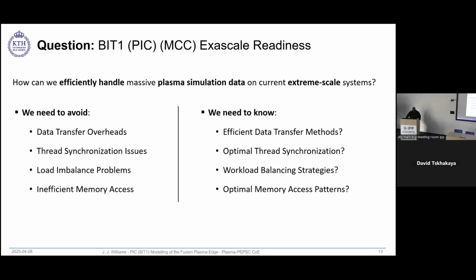Workload balance and strategies that they think about. OpenPMD helped us a lot with this. And then you have inefficient memory access, which can be a big problem, right? Cache hits can be a tremendous problem for you. We have to think about the optimal memory access pattern at the end of the day.